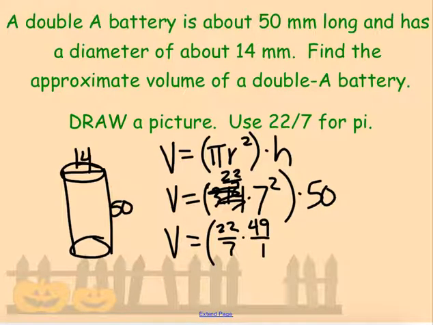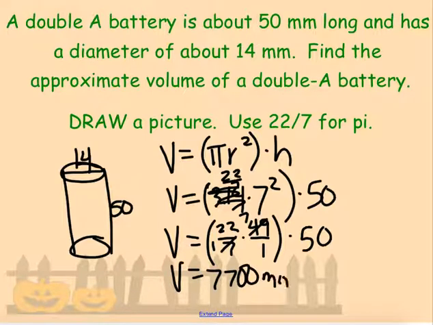Now we can see why they wanted us to use that, because we can simplify here. Then we'll multiply by 50. When you do that, 22 times 7 times 50 gives us a volume of 7,700 millimeters cubed.